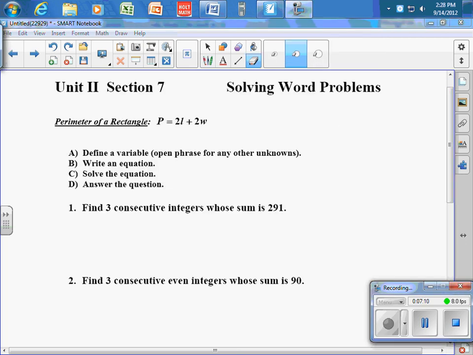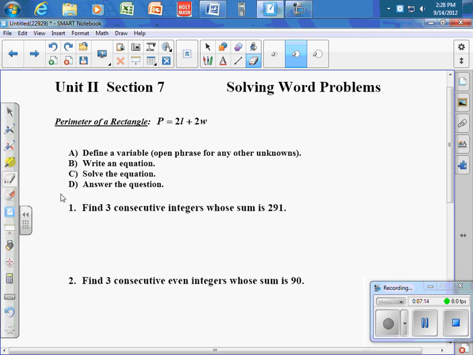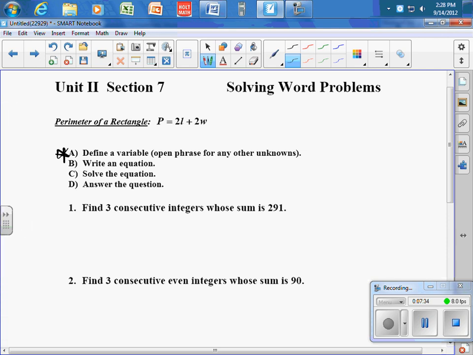Well, in solving a story problem like number 1 here on the next page, the first thing you want to do is define a variable. What that means is we're going to pick a variable and tell exactly what it stands for.